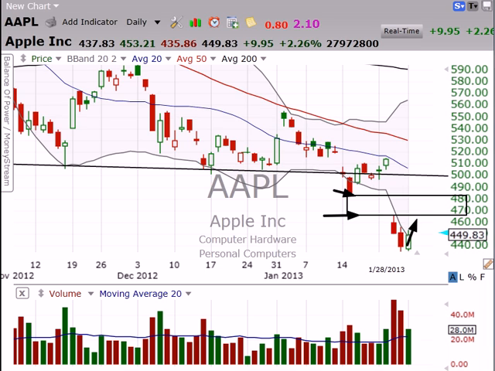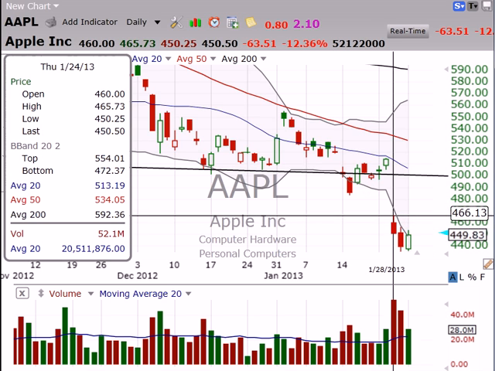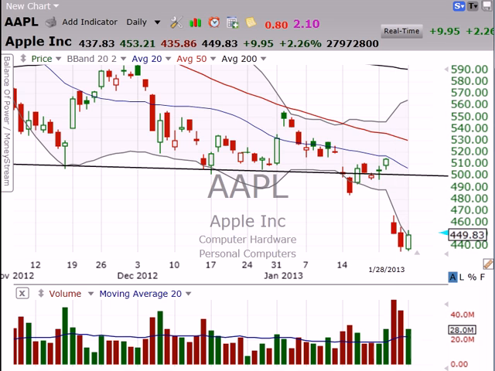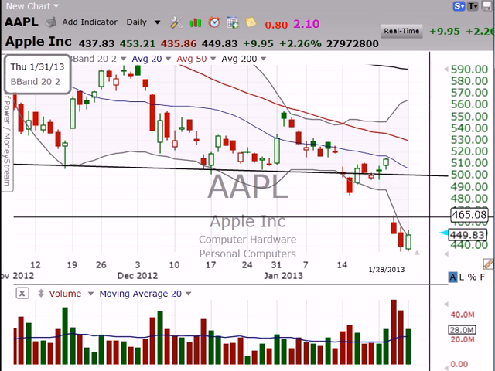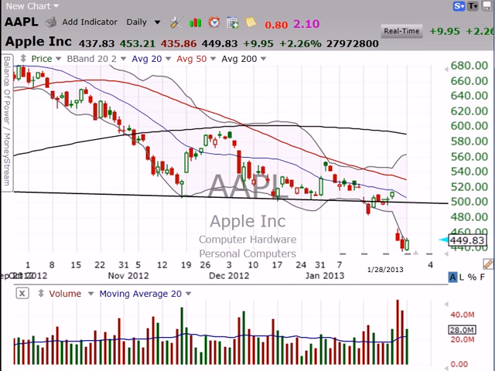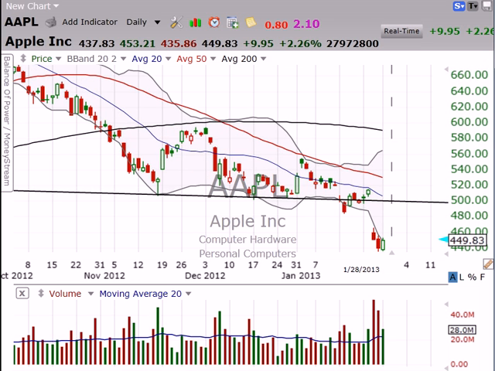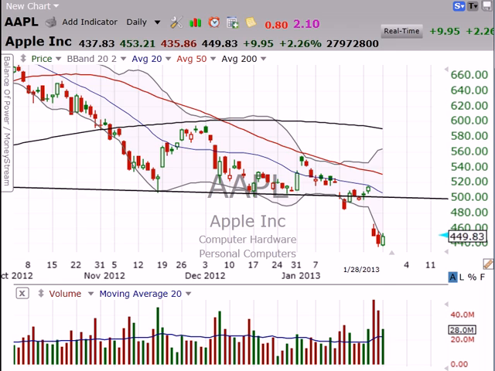And so if Apple comes up to test this level again, let's see what that is. The high here, 465. If Apple comes up to test 465, my bet is that's when you're going to see some more selling. So for another 15 points of upside, I think you want to be long Apple. After that, you know what?